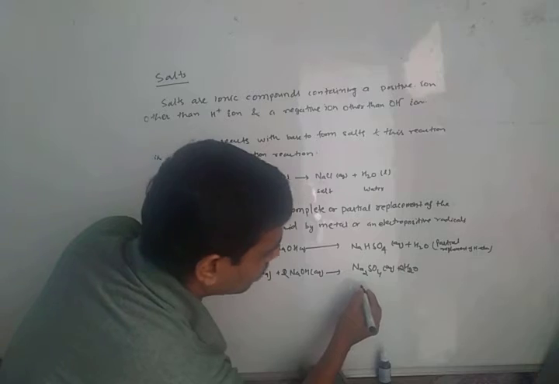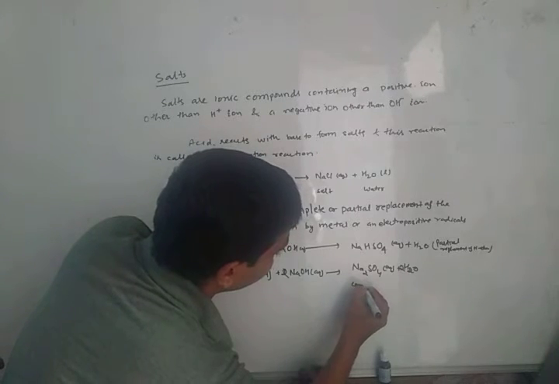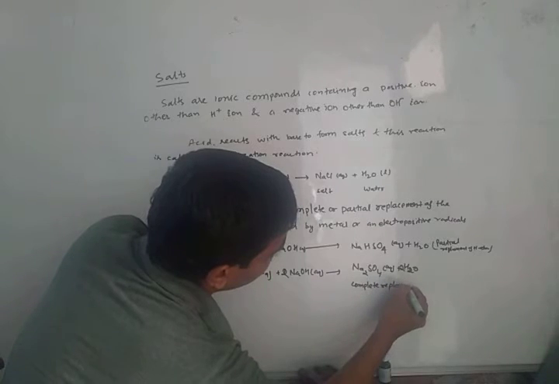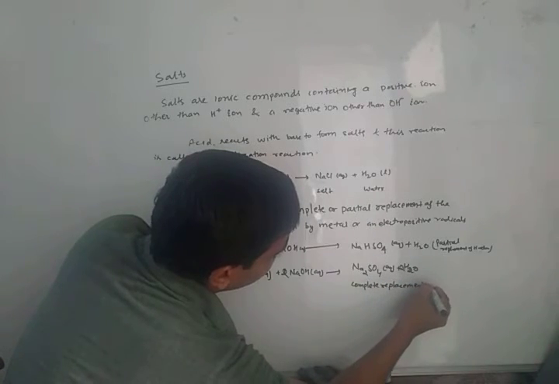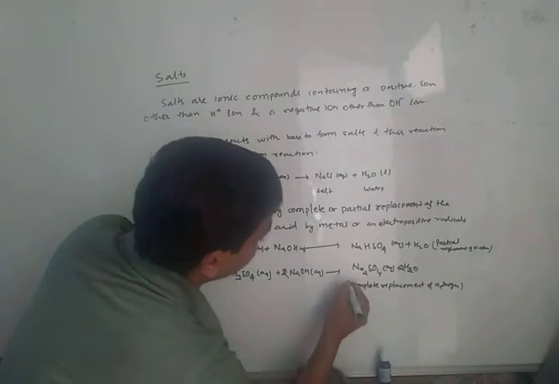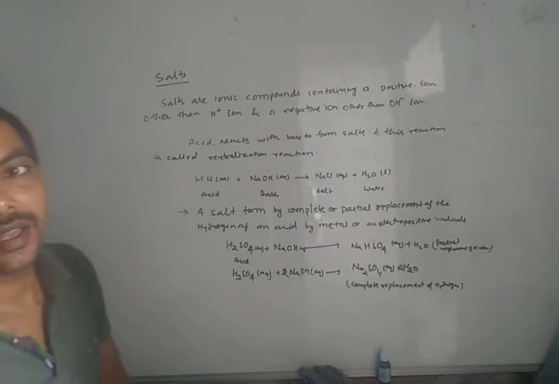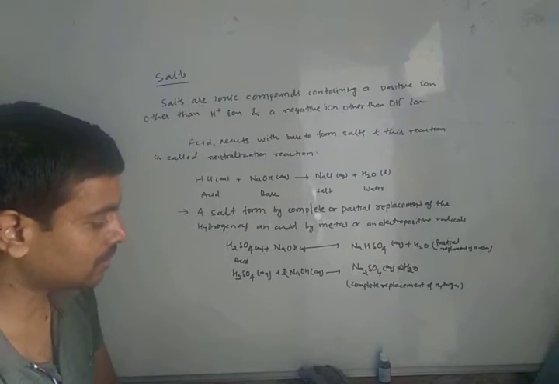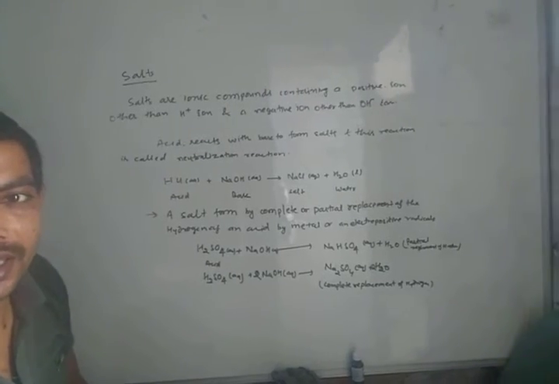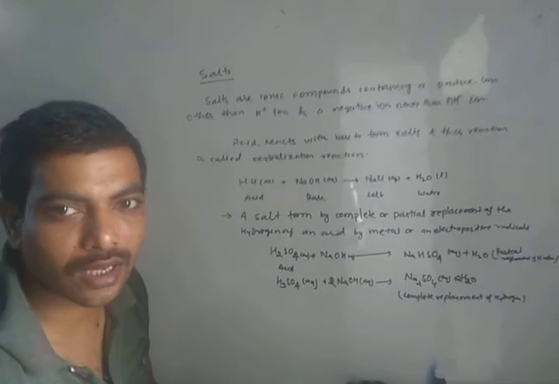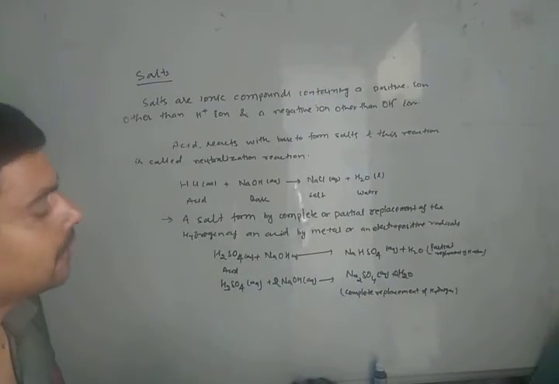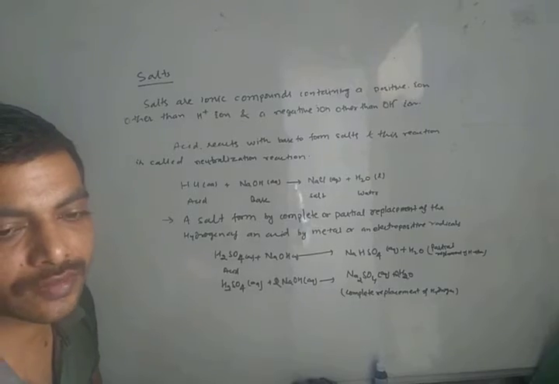This is the complete replacement of hydrogen. So this is the main thing we need to know about salts. I think you have some basic idea about what salt is and how it behaves.